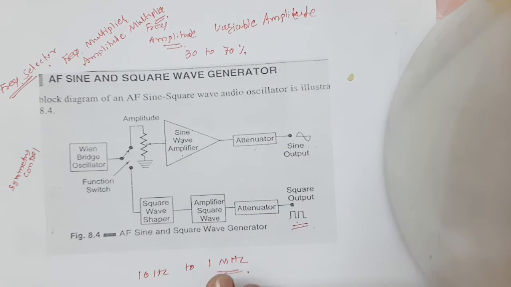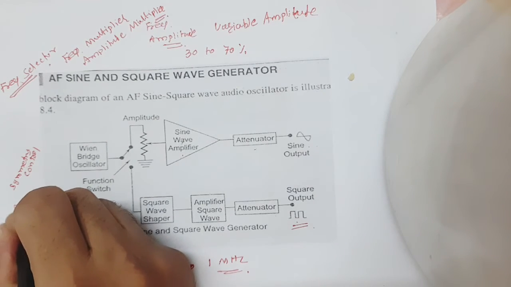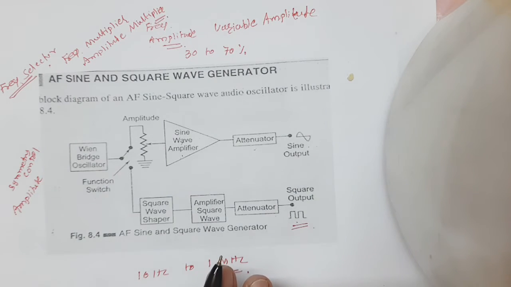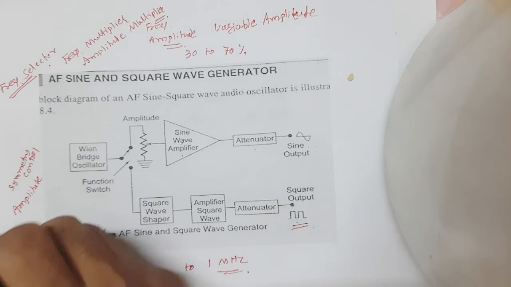Then symmetry control. It varies the symmetry of the square wave from 30% to 70%. Then amplitude. It attenuates the square wave output continuously. Then the functional switch selects either sine wave or square wave.